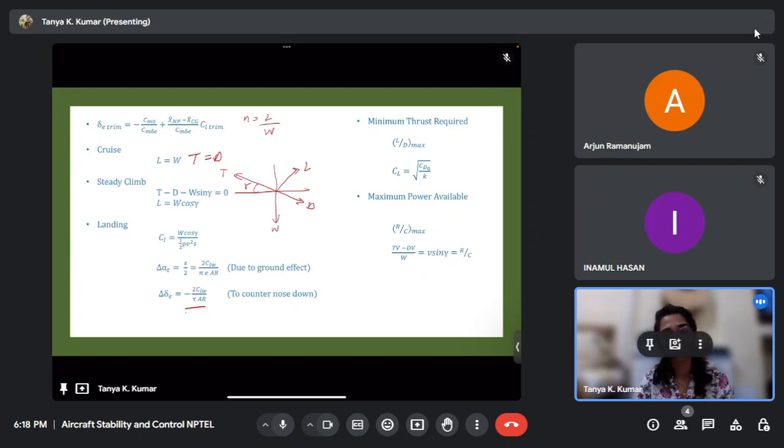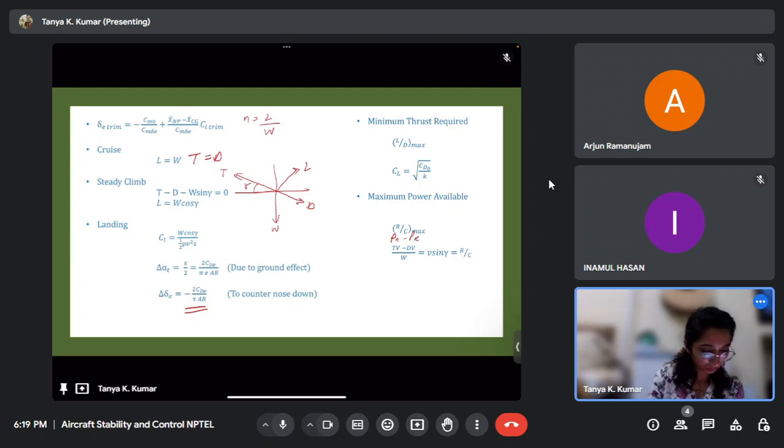When you go through the equations, you remember that (TV minus DV) by W is V sine gamma, which is the rate of climb. TV minus DV is nothing but power available minus power required. So power available minus power required, by W, is V sine gamma, the rate of climb. These are the two conditions that we studied in aircraft performance, which will be used for your maneuvers.